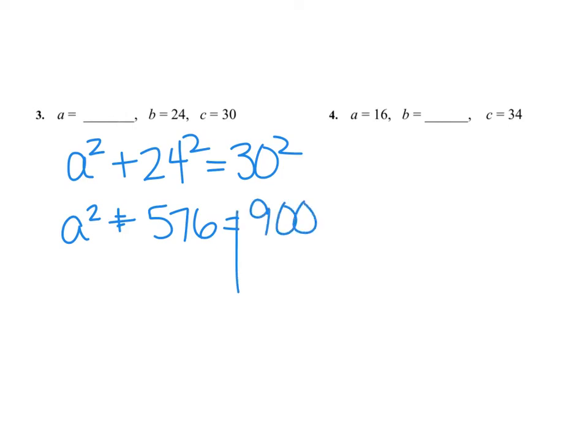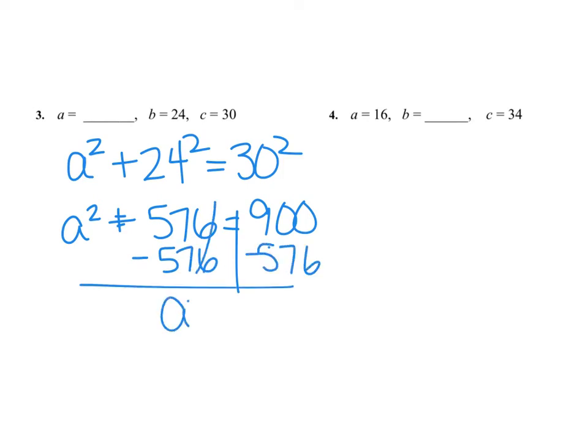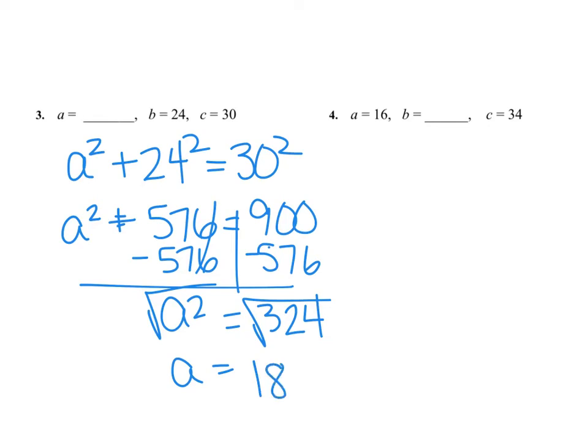And again, we're just going to continue trying to get that A by itself. So A squared is equal to 324. Again, we don't want the A squared, we just want A, so we're going to take the square root of it. So take the square root of 324, and A is going to be 18.